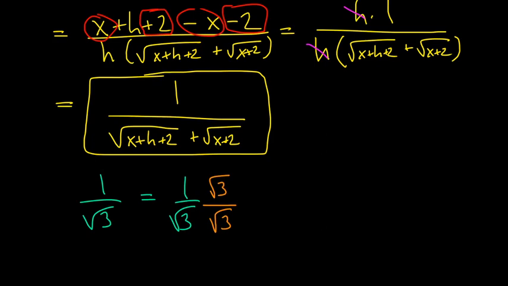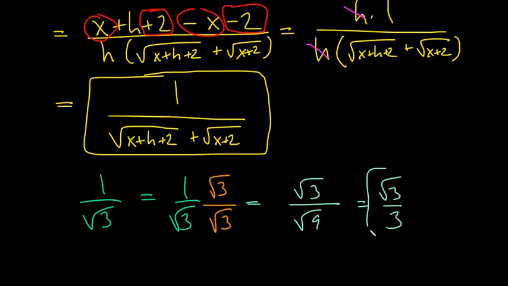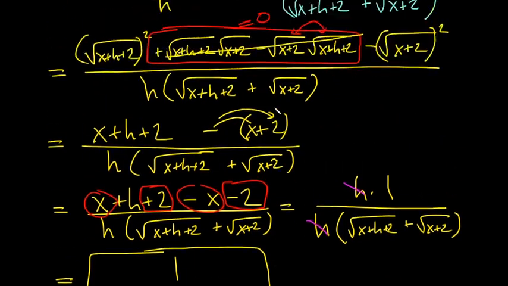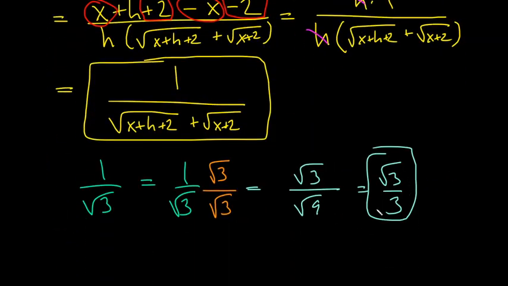And by doing that, you get the square root of 3 over the square root of 9, or the square root of 3 over 3. So here we rationalize the denominator, but in some sense, we went backwards here and rationalized the numerator.